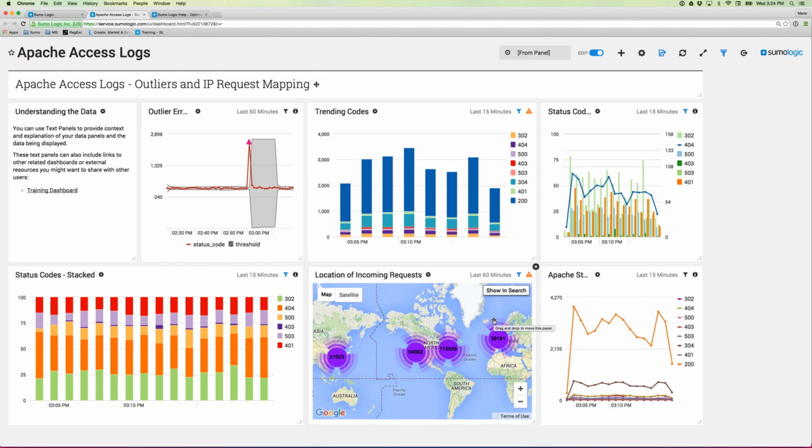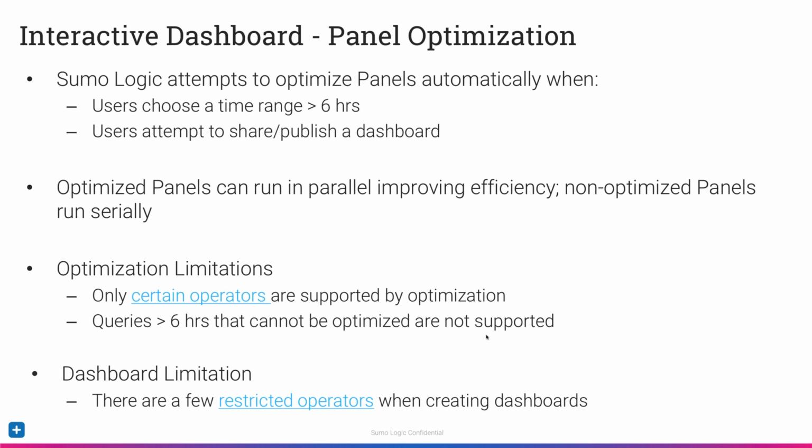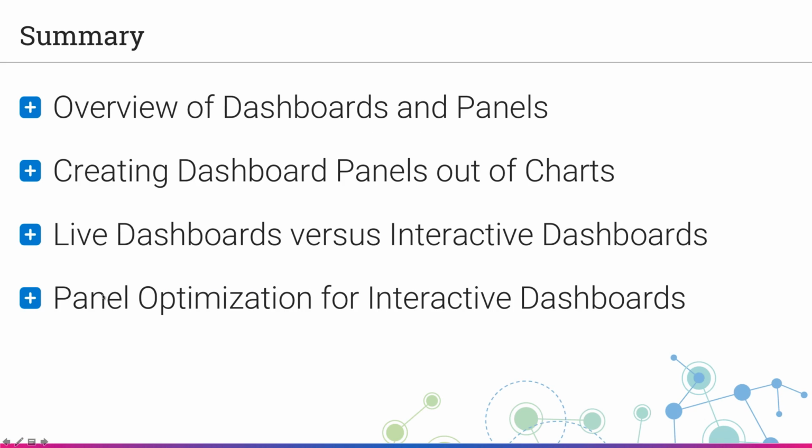Okay. All right, so I think I've covered quite a bit of information for you today. In summary, I've covered the overview of dashboards and panels. So remember, dashboards are made up of different panels, and there is a one-to-one correlation between a panel and a query, or a panel and a search, if you want to call it that.